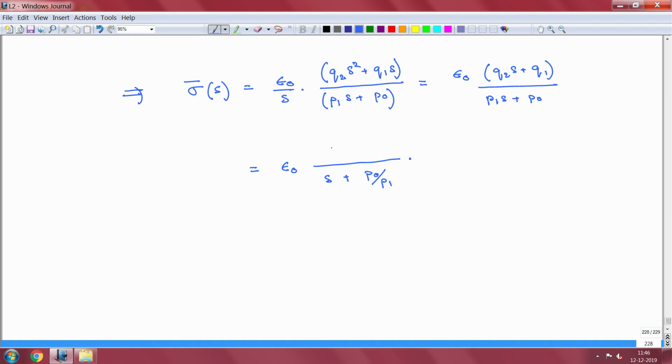In the numerator, I divide by Q 2, so I end up with s plus Q 1 by Q 2, and hence I have to multiply on this side to balance everything out Q 2 into P 1. So, this will now give me, let us say, I am just going to club these constants together into 1, and now I have this particular partial fraction form to solve.